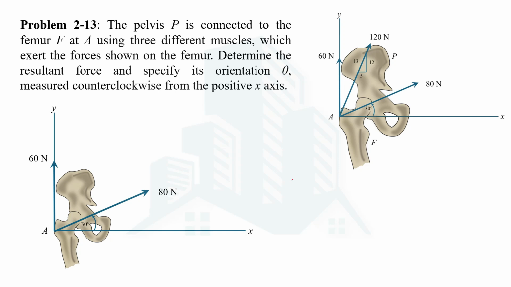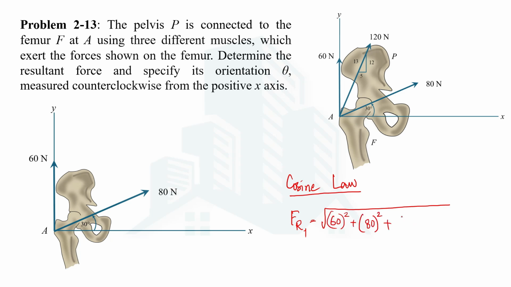So using cosine law, we know that the resultant, which will not be actually the total resultant of these three forces, but the resultant of two forces, let's name that as FR1, will be calculated using this formula where the two forces 60 and 80 Newton will be used. Now the 2 times 60 multiplied by 80 and then cosine of, let's say, alpha. Now what's alpha here? The alpha is actually the angle between these two forces.